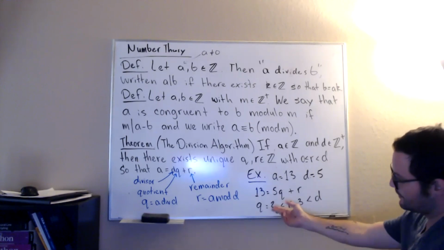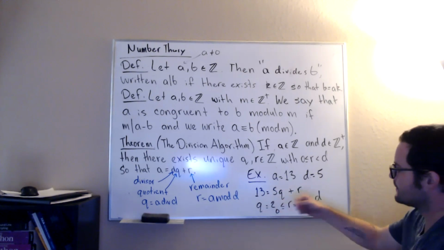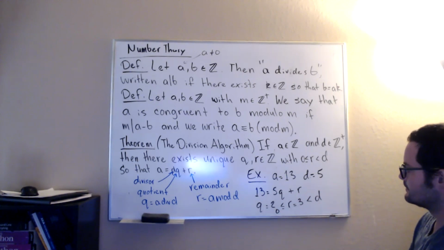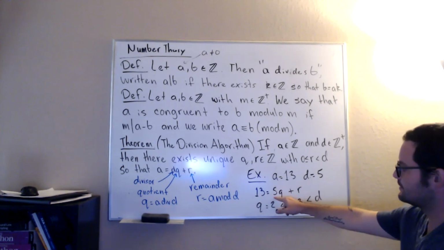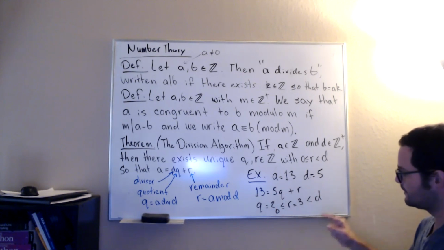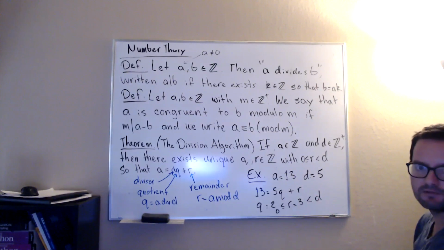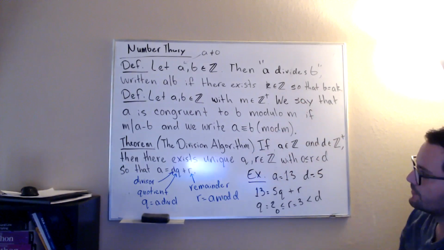But there are other integers that satisfy this equality. For example, if Q is 1, then 5 times 1 plus 8. But then 8 would not be less than the divisor, so that wouldn't work. It must be the case that the remainder is strictly less than the divisor. And when that's the case, you have unique Q and R that satisfy this theorem. Right? So these two definitions and this theorem, we're going to use to prove an if and only if statement.